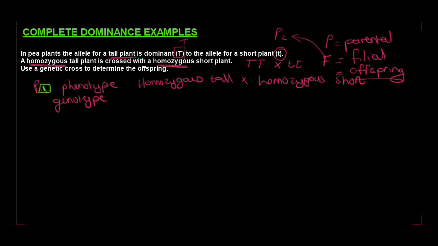Genotype. So this is now the alleles that we are talking about. So if it's homozygous tall, it's going to look like that, crossing with homozygous short, that looks like that. Then, what has to happen here if these parents want fertilization to take place? They have to go through the process of meiosis. What is meiosis going to do?